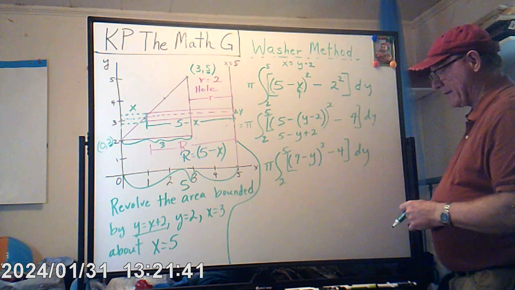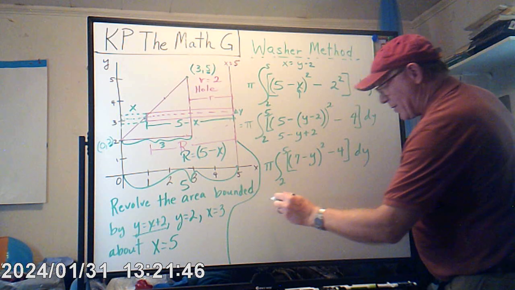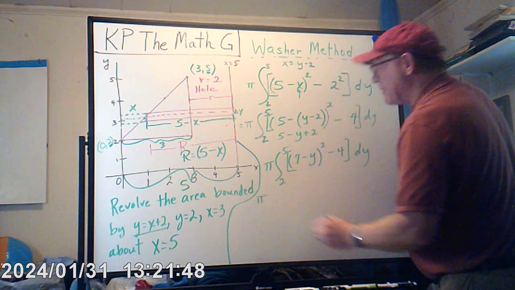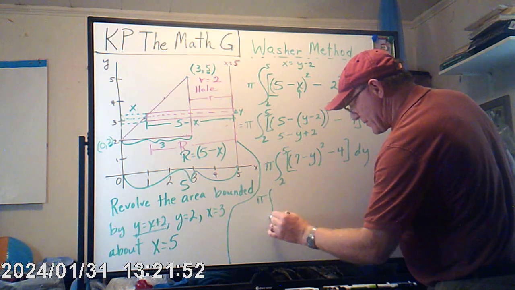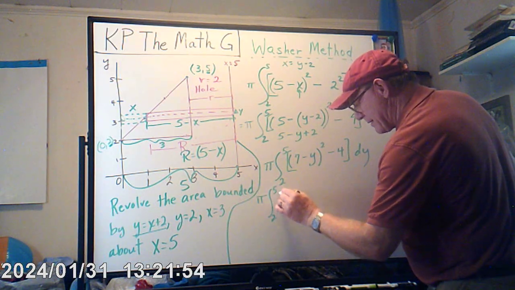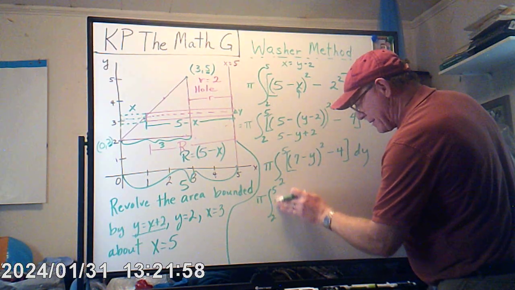Like that. We can square this, so let's do that. Let's see, 7 squared is 49. Alright, so 49.